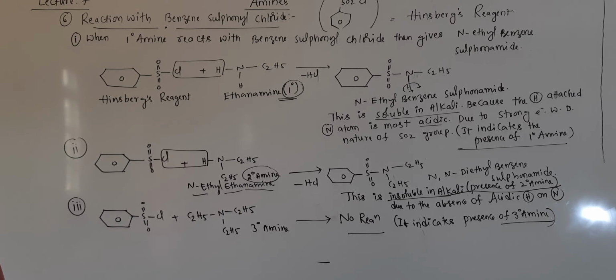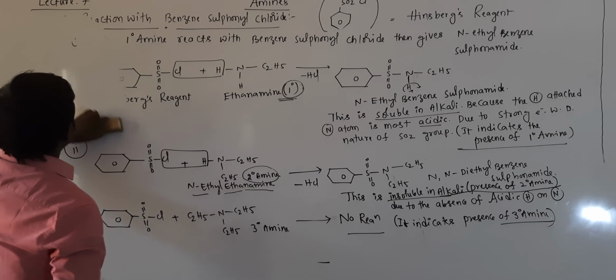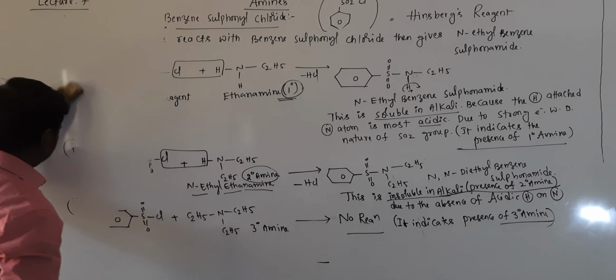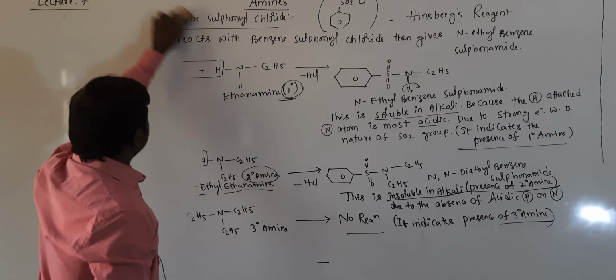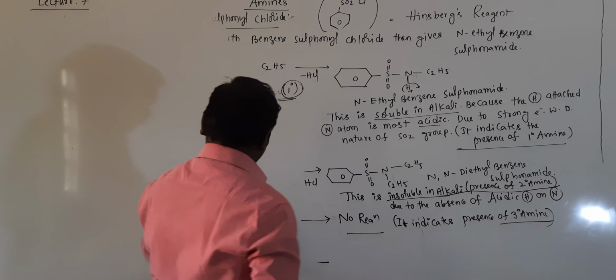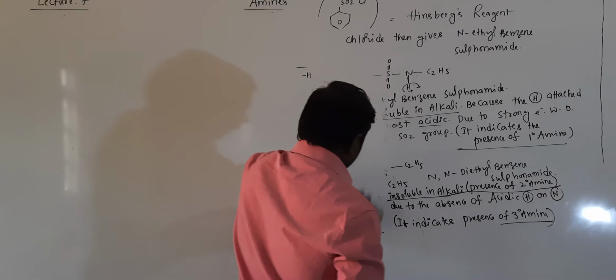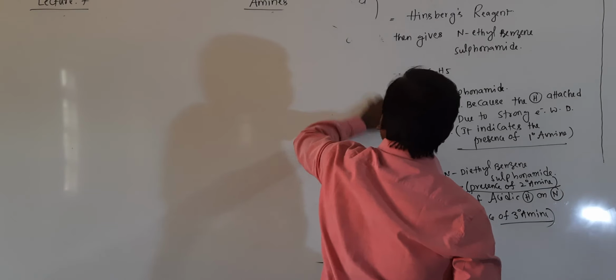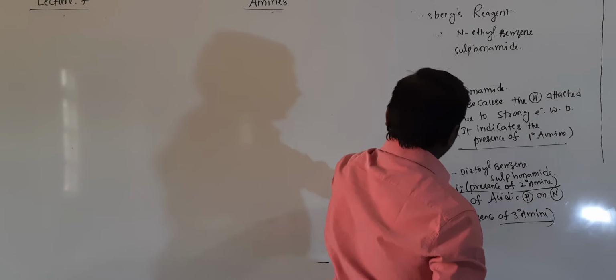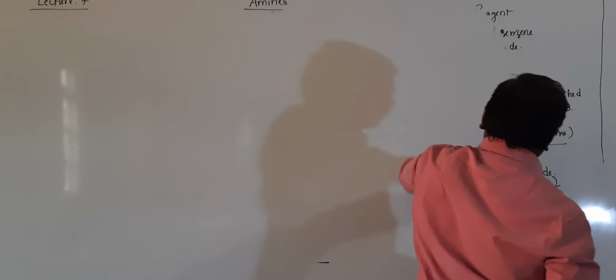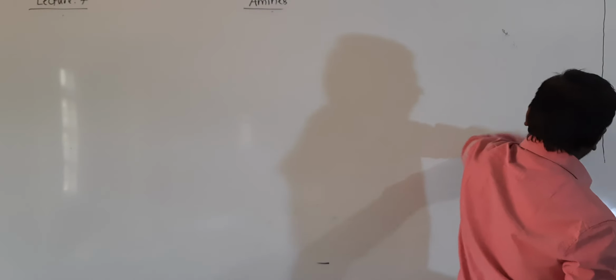Next one, after that: nowadays, instead of benzene sulfonyl chloride, to distinguish primary, secondary and tertiary amines, we are using para-toluene sulfonyl chloride.